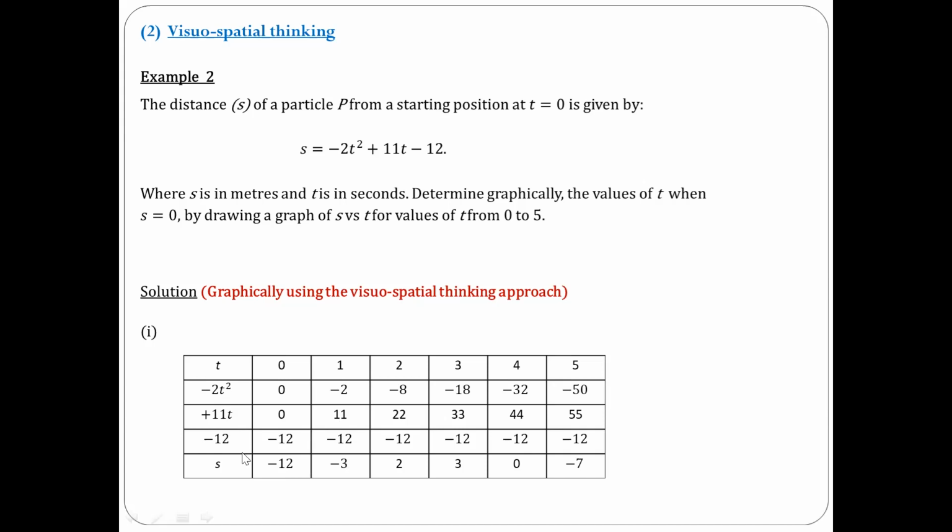So our completed table will now have these points. When t is 0, s is minus 12. When t is 1, s is minus 3, and so on up to t is 5, s is minus 7. We are going to plot these pairs of points on a Cartesian plane in order for us to draw our graph.